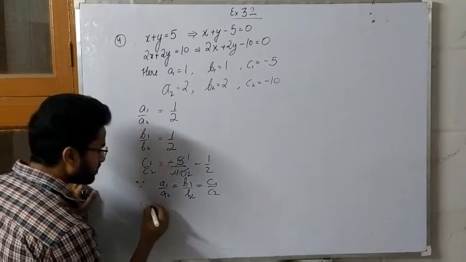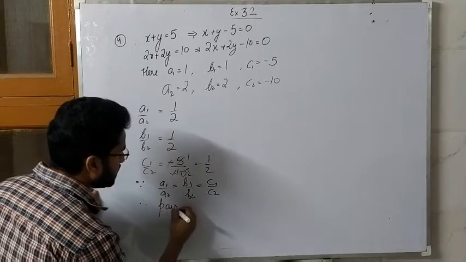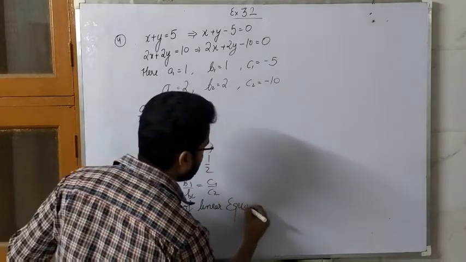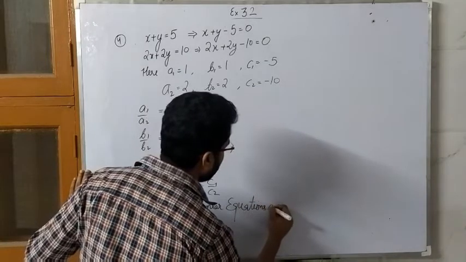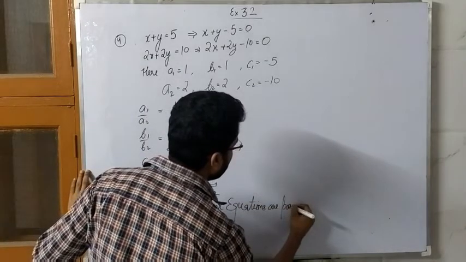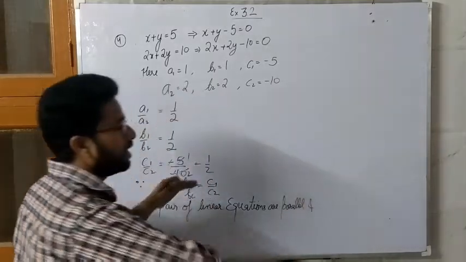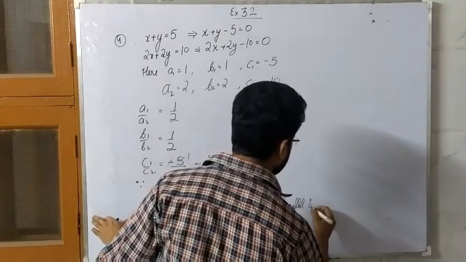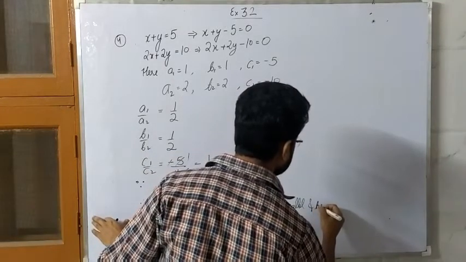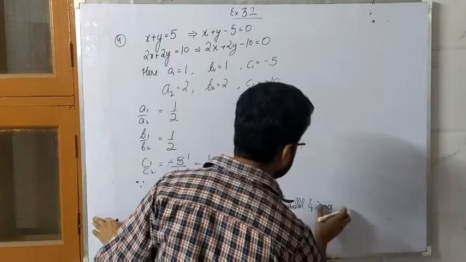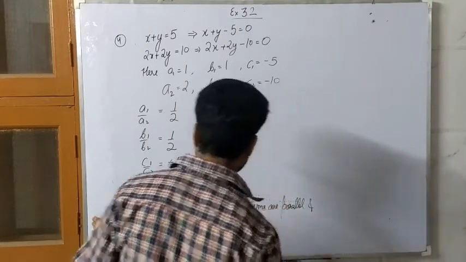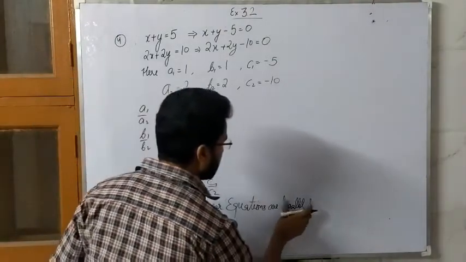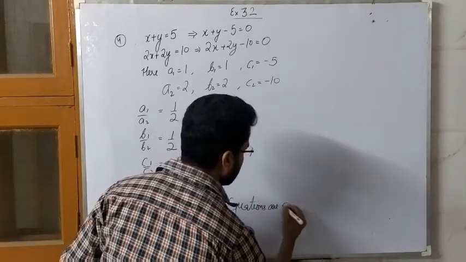So therefore, the pair of linear equations are parallel, right? And if they are parallel, that means they have no solution. Pair of linear equations are parallel, and hence not parallel, they are coincident. Okay, hence the pair of linear equations are coincident.